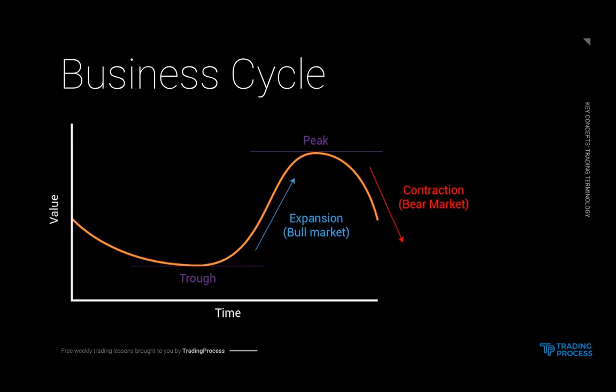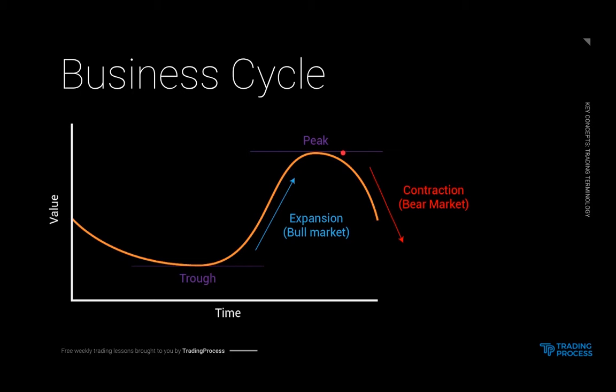When it comes to a business cycle, we would like to know what a business cycle is. The market grows in cycles. We have expansions and contractions. An expansion is when the market is going up. One of the leading indicators of the market is GDP. When GDP grows, the market goes up.